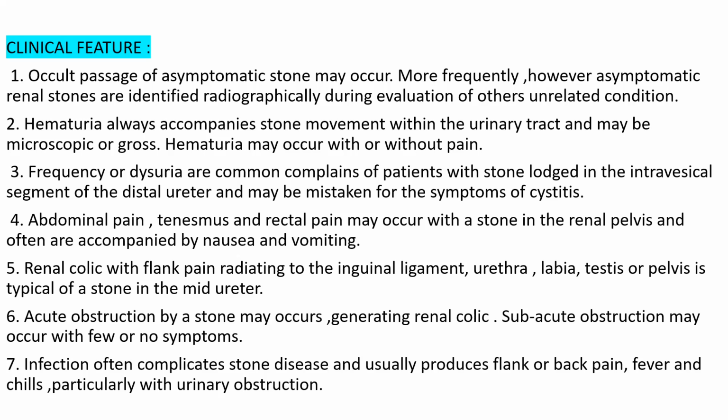So how do you investigate or identify the result? With the help of diagnostic evaluation. This asymptomatic renal stone can be identified radiographically during evaluation. When you do diagnostic evaluation or investigation radiographically, then you can identify that the stones are present even though the symptoms were not there. In that way, you can identify them along with other unrelated conditions.